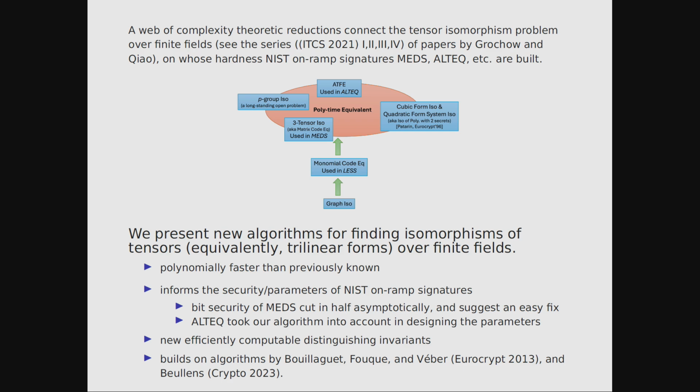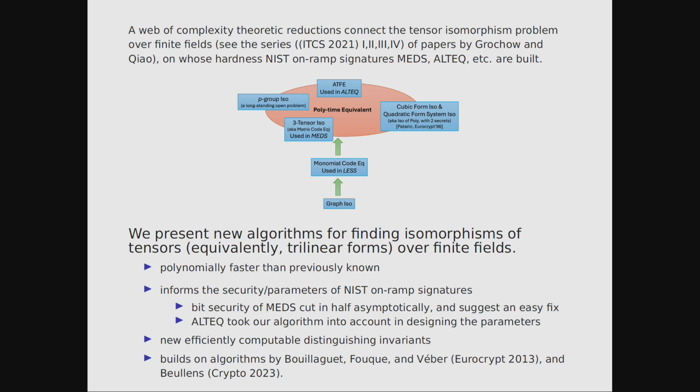In summary, I'll present 2 new algorithms for finding isomorphisms of tensors, and they're going to be polynomially faster than all previously known algorithms. In terms of consequences, asymptotically, the bit security of MEDS is roughly cut in half. And for ALTEQ, there's no need to change any parameters.